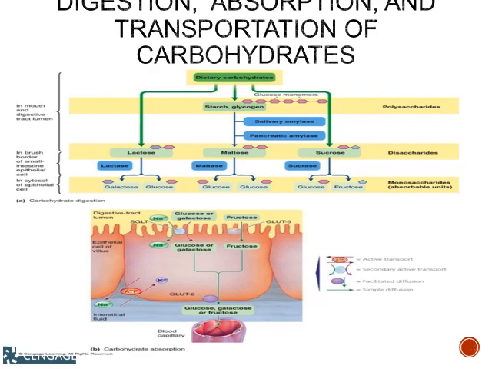The disaccharides lactose, maltose, and sucrose are broken down by enzymes that are specific to breaking these disaccharides down. They line the small intestine, specifically the brush border of the small intestine. Lactase breaks down lactose, maltase breaks down maltose, and sucrase breaks down sucrose into their component monosaccharides.